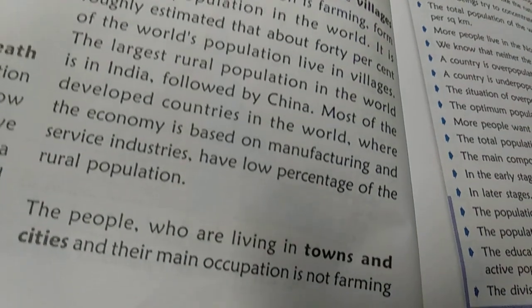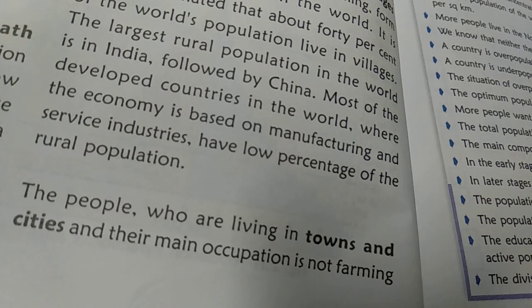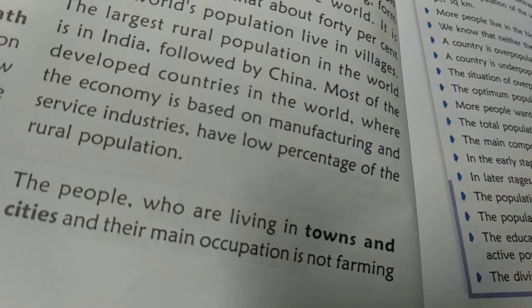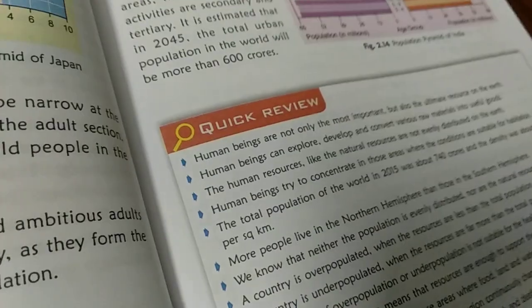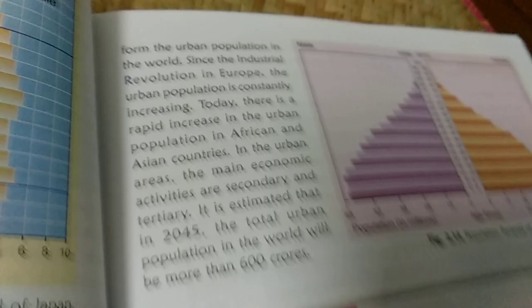Then the people who are living in towns and cities, and whose main occupation is not farming, form the urban population of the world.